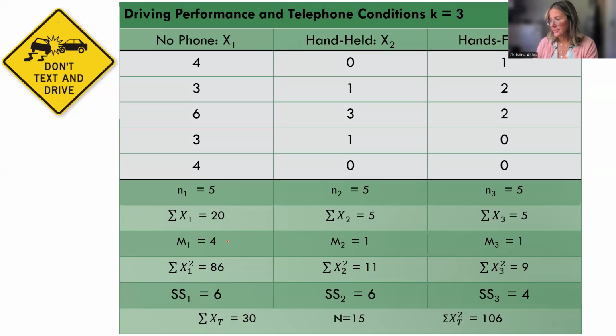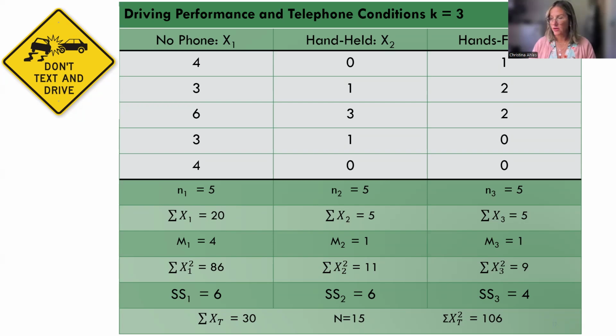Here is an example of the basic calculations that we are going to need to begin calculating ANOVA. This is just getting you prepared to understand why it's so important to be organized, and to know your notations and what they stand for, because there are a lot of little calculations.